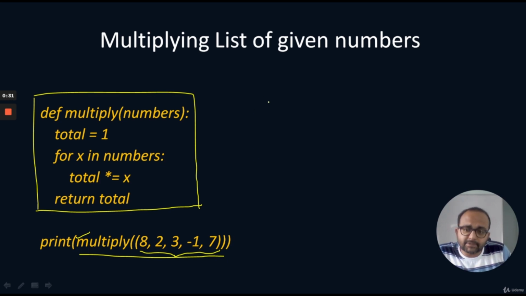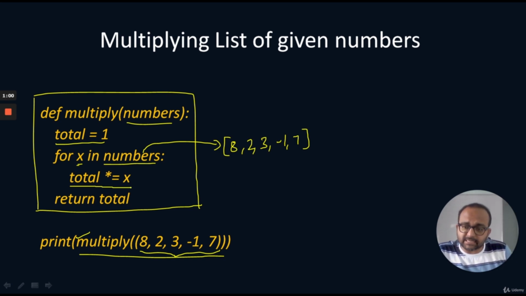So numbers is clearly a list here containing values 8, 2, 3, -1 and 7. The initial value of total is equal to 1, and x is taking each value in the numbers list.